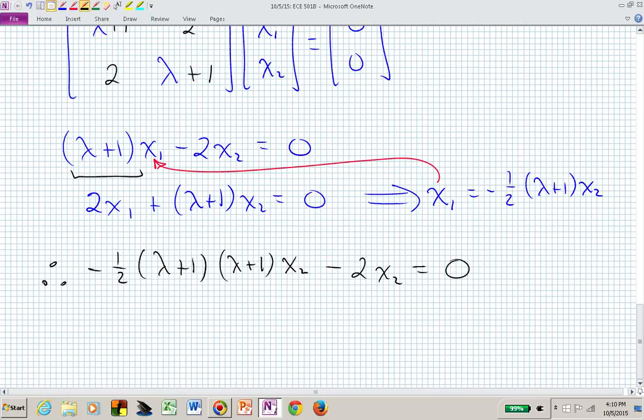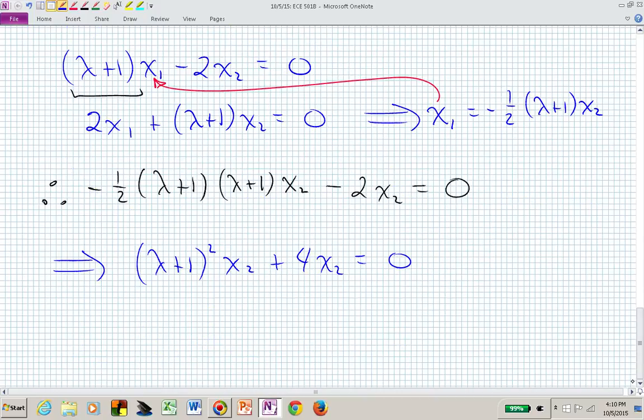If I now multiply through by, let's say, -2, I can clean up that -1/2 in the front, and I'm left with lambda plus 1 squared x sub 2 plus 4x sub 2 equaling 0. I can factor out x sub 2, and I have lambda plus 1 squared plus 4, times x sub 2, is equal to 0.